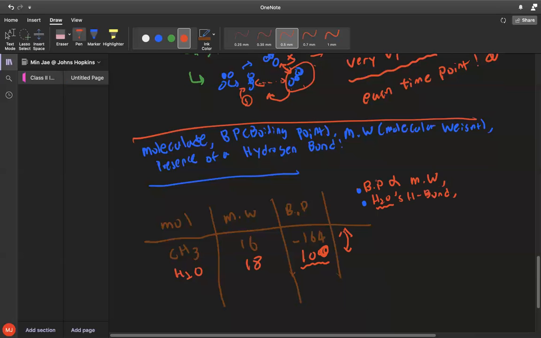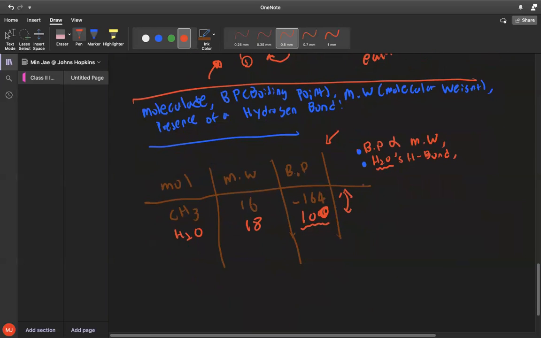Methane itself is quite nonpolar, so there's no existing dipole moment. Whereas H2O, like I showed you before, has a dipole moment that enables the water to go through hydrogen bonding, and because it takes extra energy to break the bond between the molecules, that's why it increases the boiling point dramatically. That emphasizes how important hydrogen bonding is in strengthening the bond between molecules.